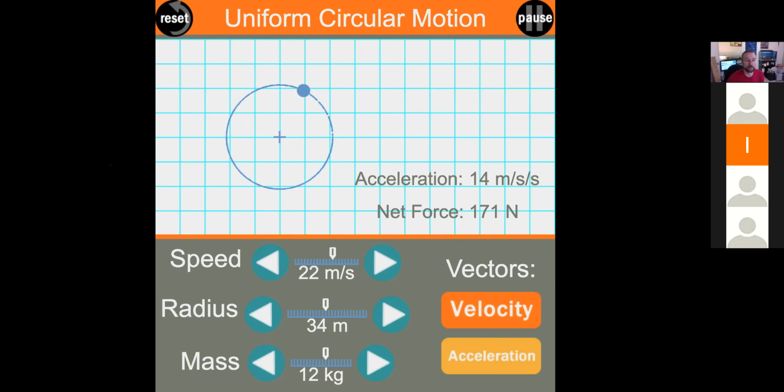Now that's the calculation piece. Now the vectors are what is really going to be very interesting for us to appreciate. What do you notice about the velocity vector? About the direction the velocity vector is pointing in?